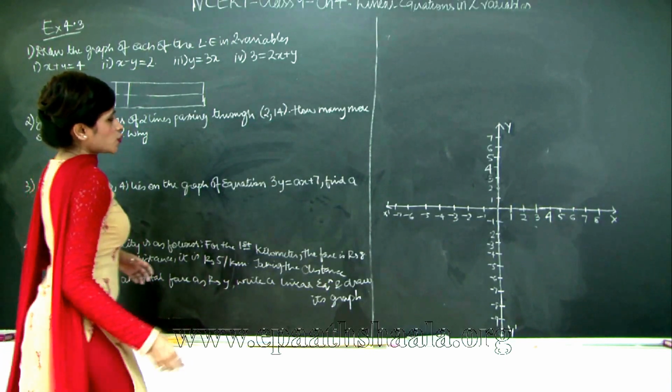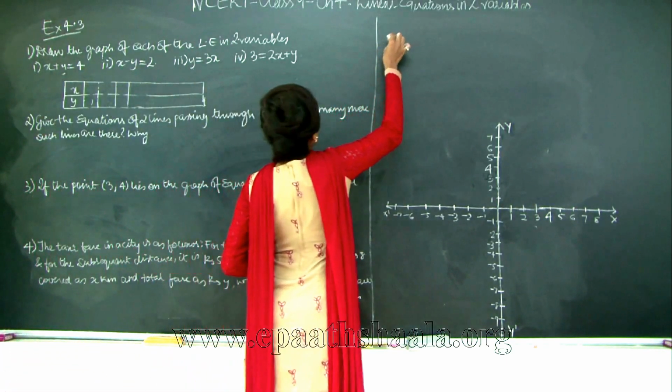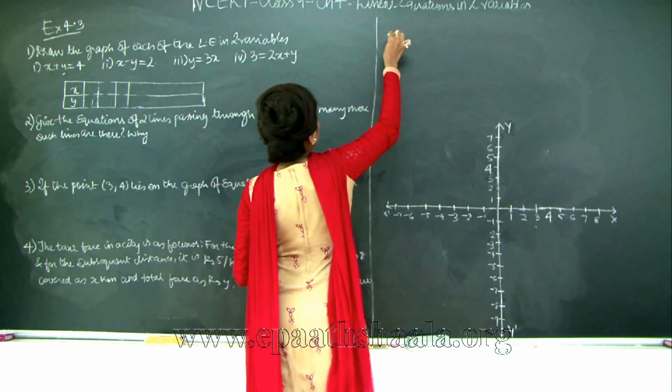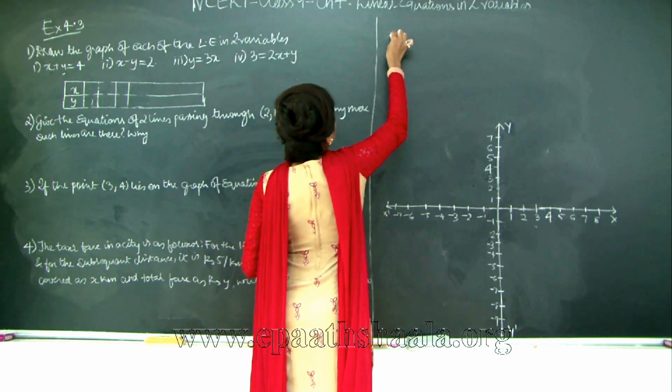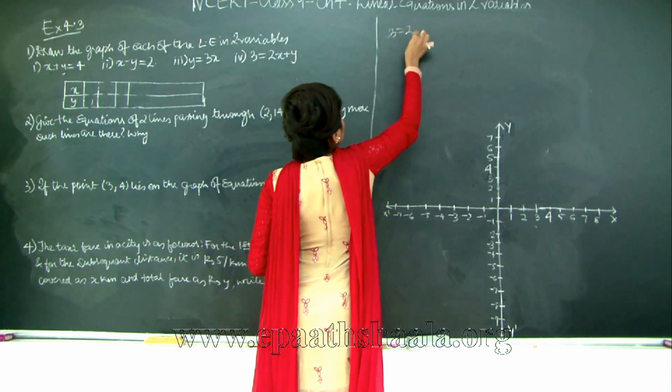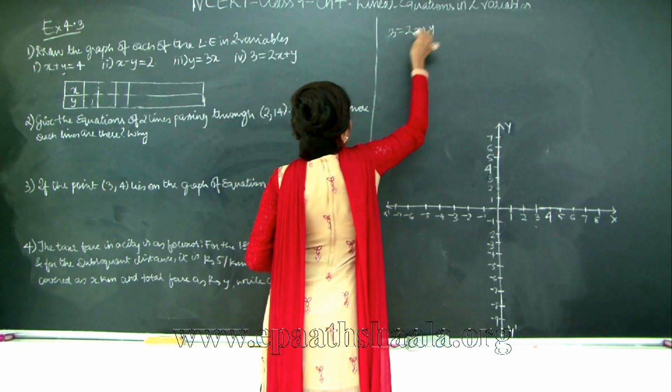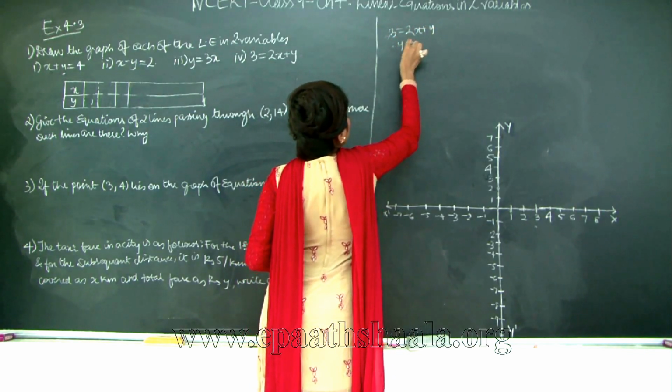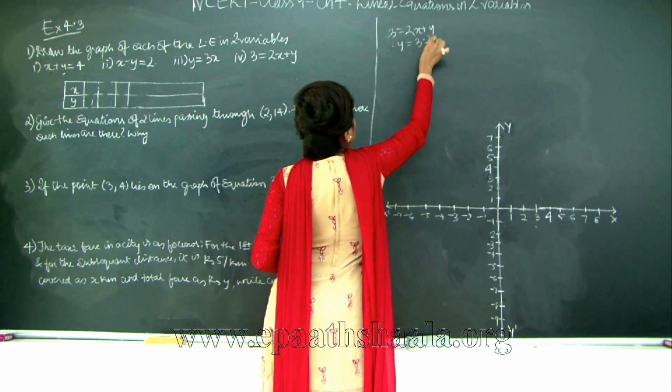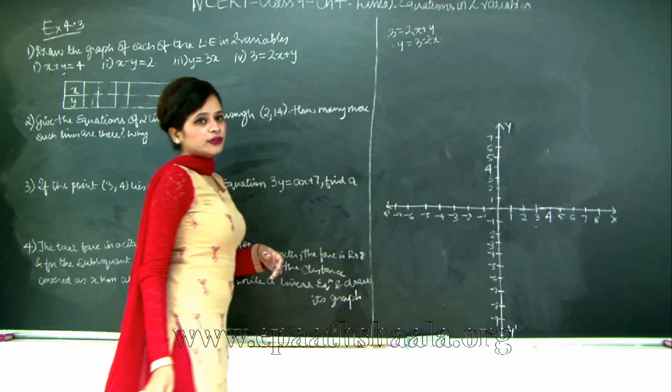So my question is what? 3 is equal to 2x plus y. So I can just write it as 3 is equal to 2x plus y. Therefore, y is equal to 3 minus 2x. Isn't this going to be simple?